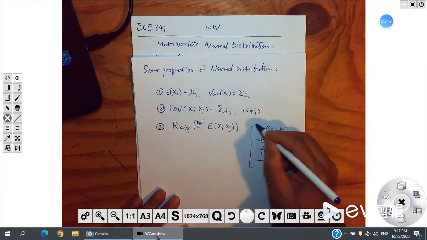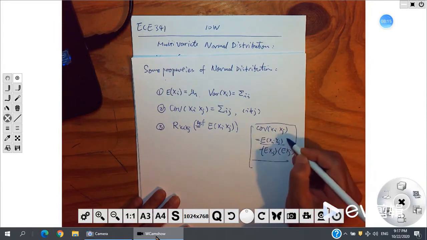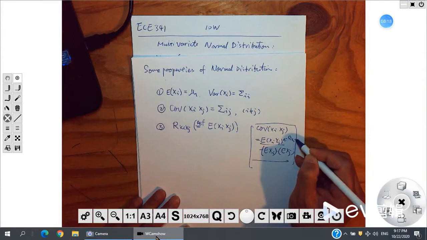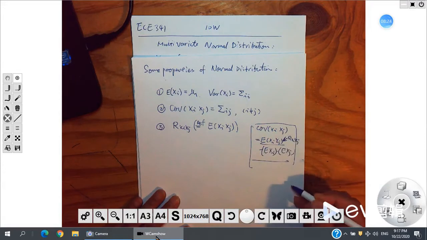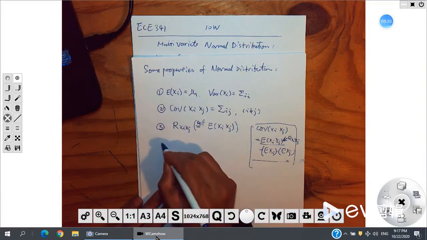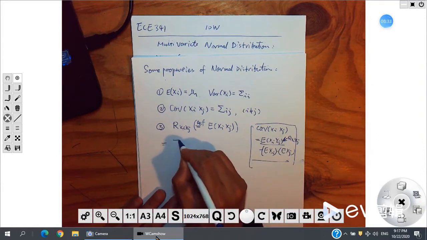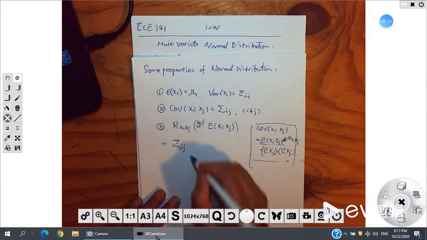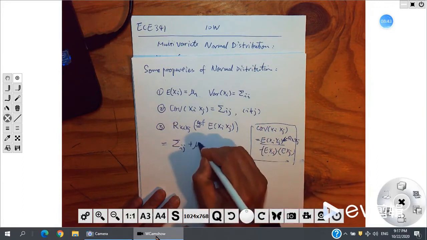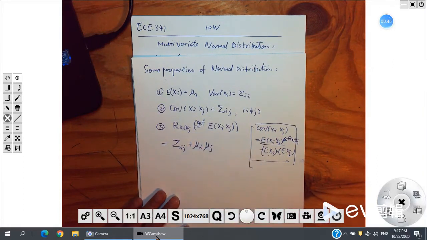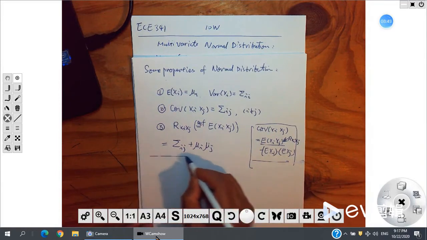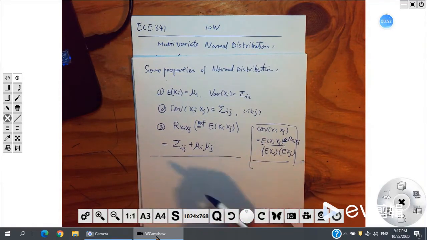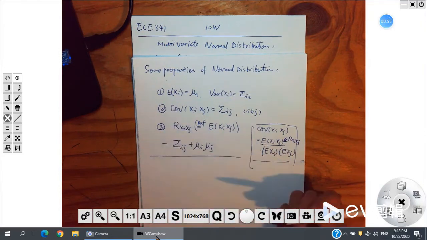So this is R(Xi, Xj), the covariance plus mu i mu j. Okay. So if you want to calculate any kind of average values, you can just use this formula.